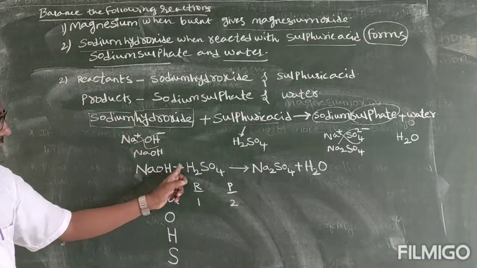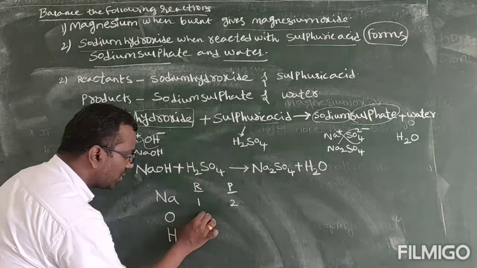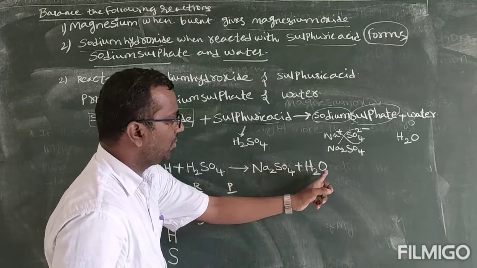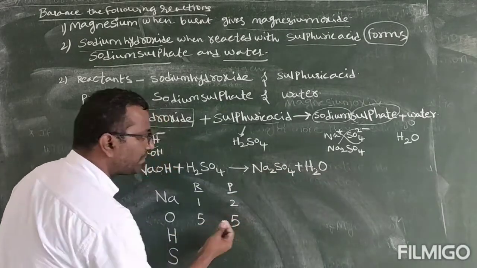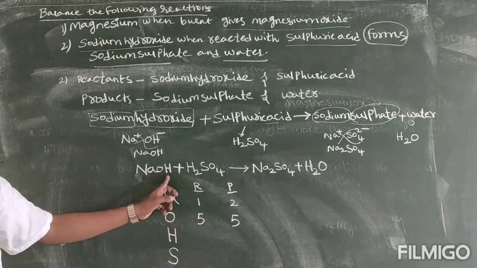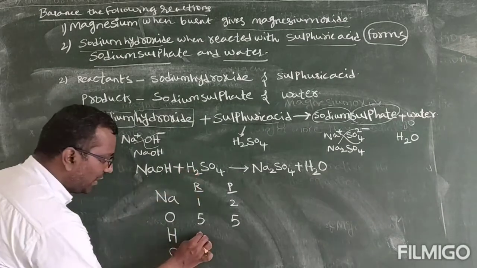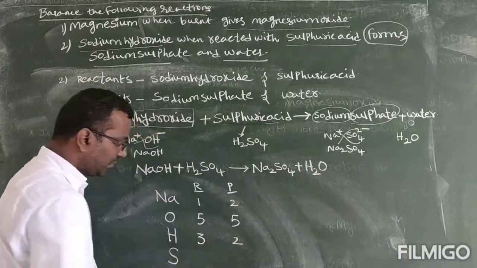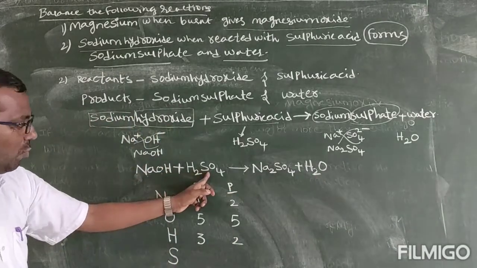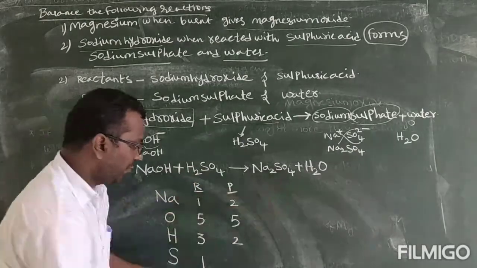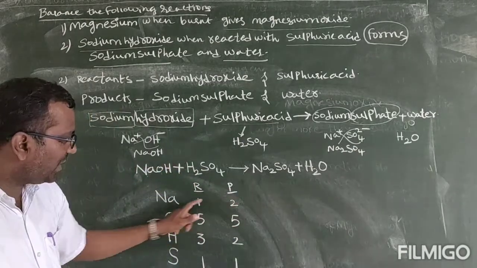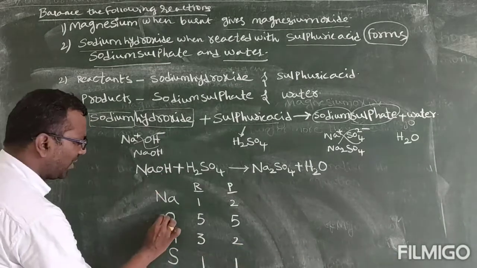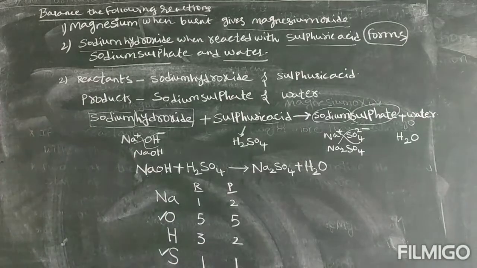Oxygen: 1 plus 4, total 5, and here 4 plus 1, 5. Hydrogens: 1 plus 2, 3. Here 2. Sulfur 1, this side 1. See, sodium is not balanced. Hydrogen is not balanced. Remaining all are balanced. Oxygen is balanced and sulfur is balanced.